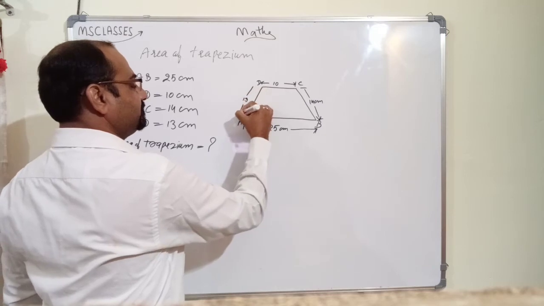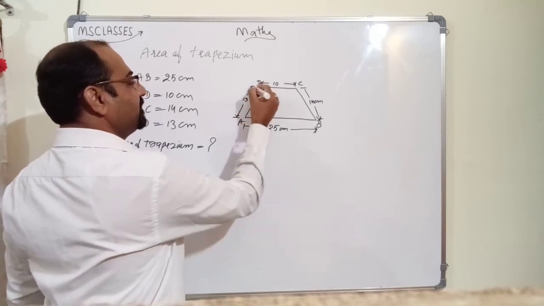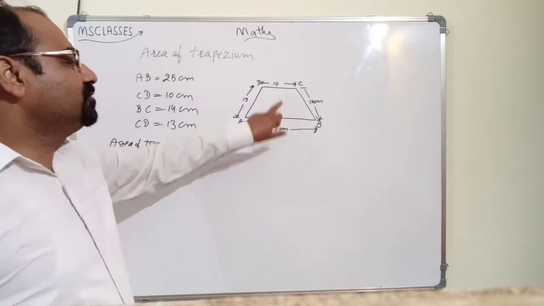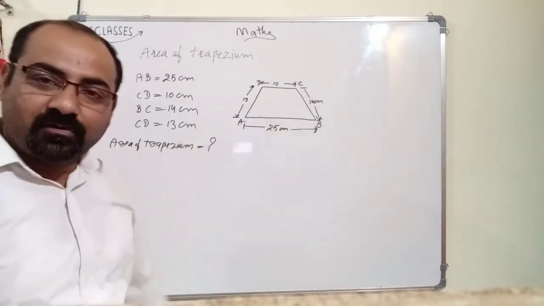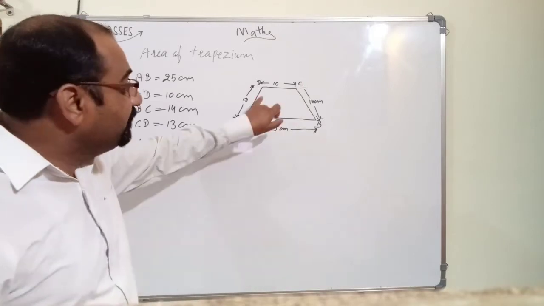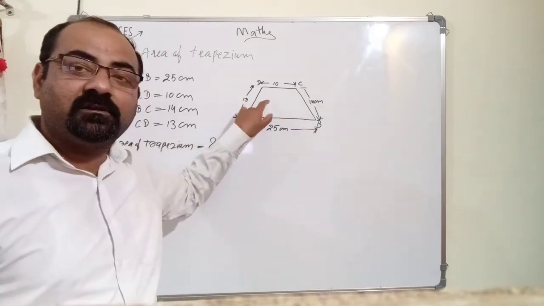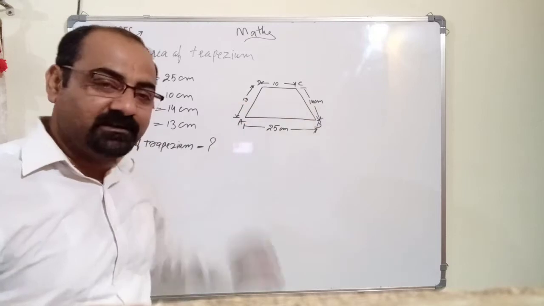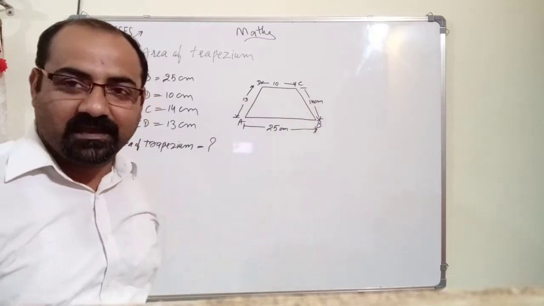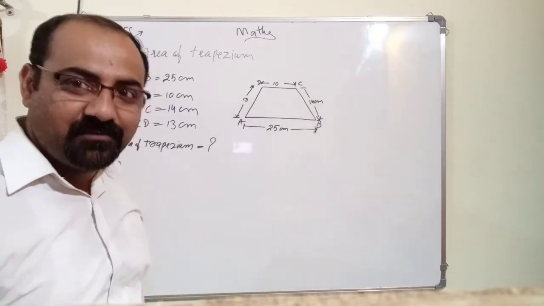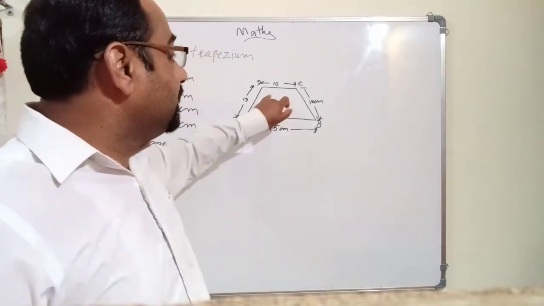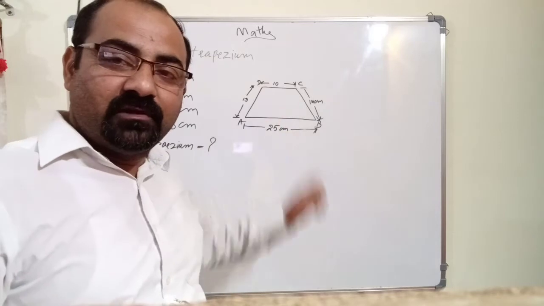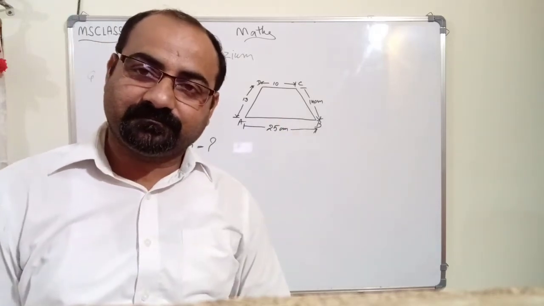So guys, this is the trapezium having two sides parallel and two sides non-parallel, and even these two are non-equal. First is 14, second is 13. And how to calculate the area of this trapezium? This is very important. You have to use different formulas to calculate the trapezium.